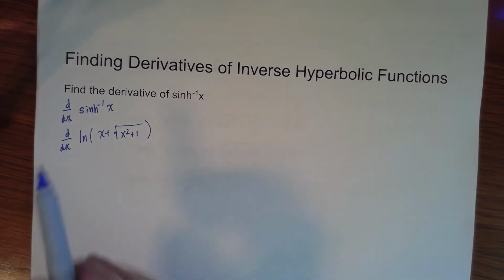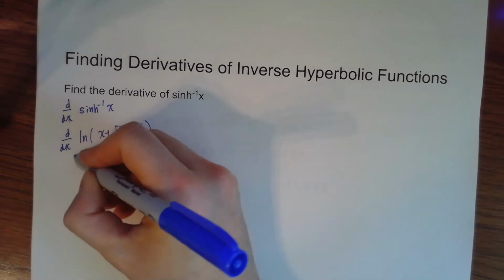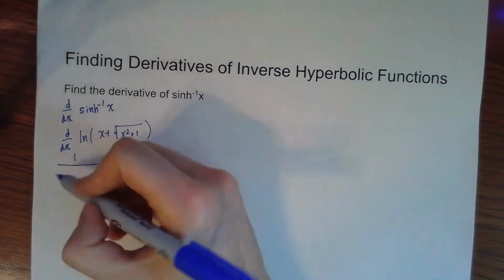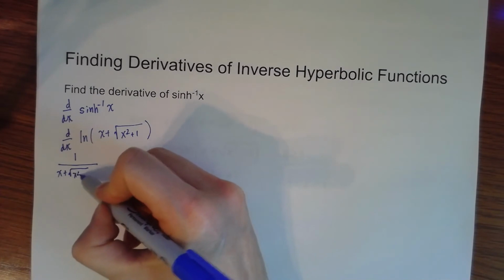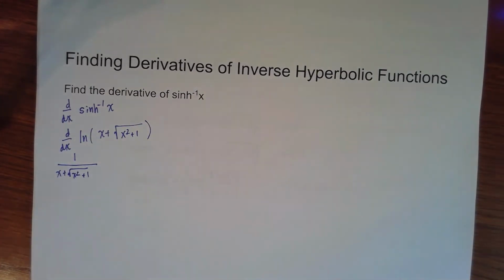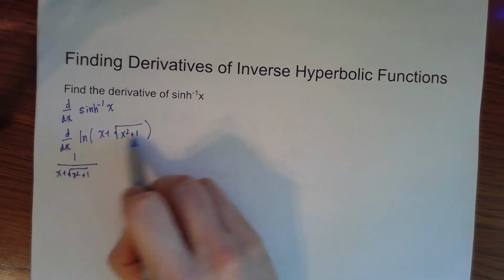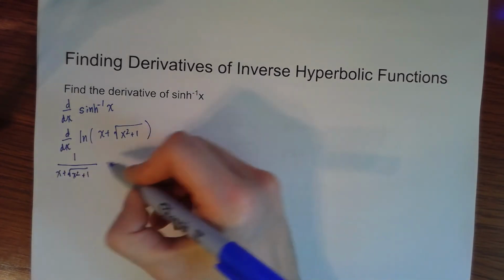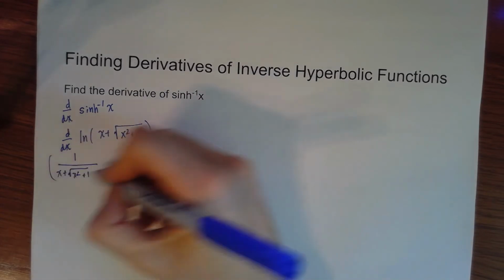So what is the derivative of the natural log? Well, the derivative of natural log is 1 over whatever we're taking the natural log of, which happens to be x plus the square root of x squared plus 1. Then we have to multiply by the derivative of this function, so times the derivative of x plus the square root of x squared plus 1. The derivative of that sum will be the sum of the derivatives.